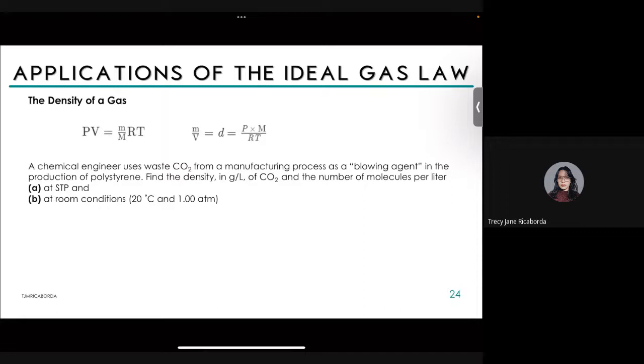Find the density in grams per liter of carbon dioxide and the number of molecules per liter at A, STP, and then B, room conditions. So we're given a total of four things to solve. So at STP in terms of grams per liter and at STP for number of molecules per liter.